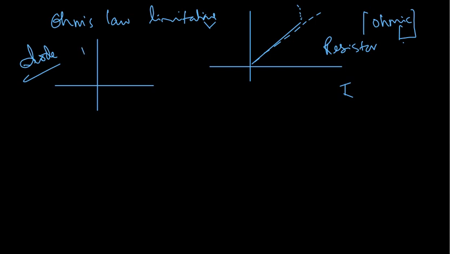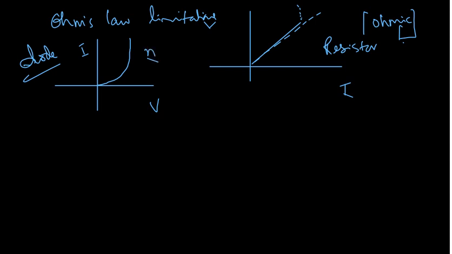So this is a curve, not a line. That means this is a non-ohmic device. When they say a diode is an example for a non-ohmic device, this is how the characteristic would be. And if you give a negative voltage, it will be like that. That's for the negative side.